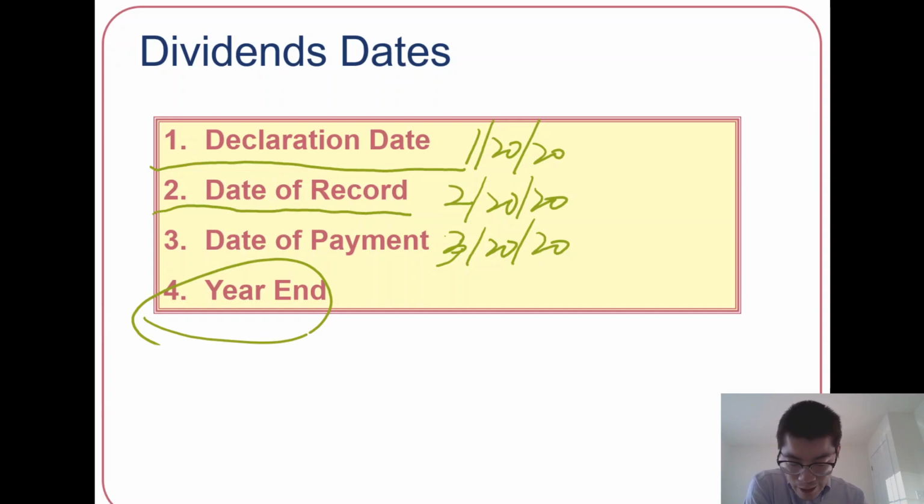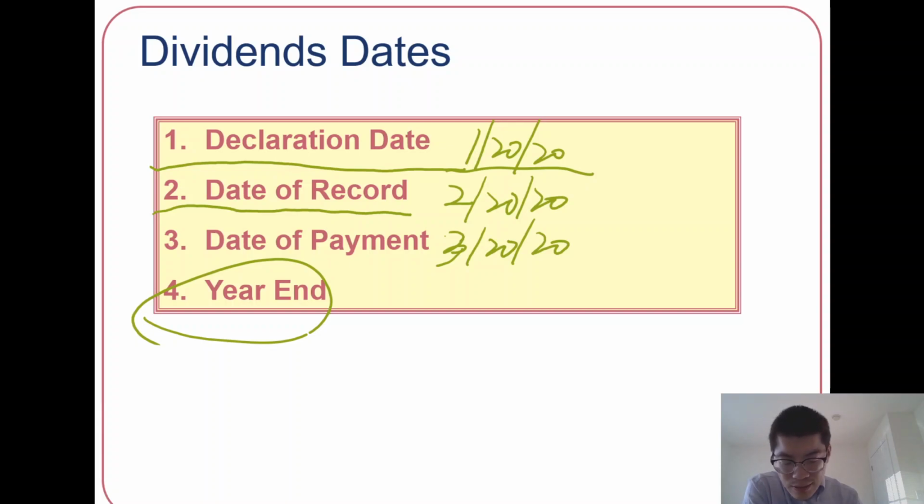Okay, so those are three different dates, and we're going to talk about the year end a little bit later. Okay, so first of all, when we declared cash dividends on January 2020, January 28th, 2020, and we are saying this, okay, by the date of February 20th, 2020, whoever owns our common stock will have the rights to receive this cash dividends.